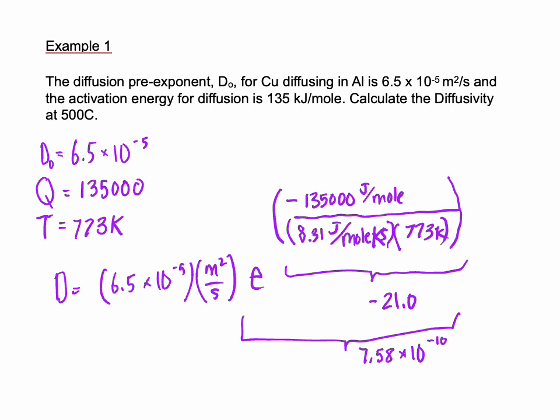And multiplying that by D0, you get 4.93 times 10 to the negative 14. Okay. All right, that ends part 2 of lecture 6.